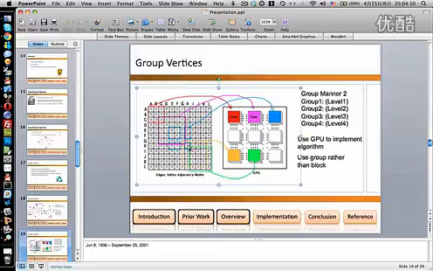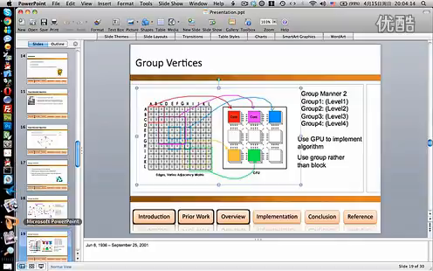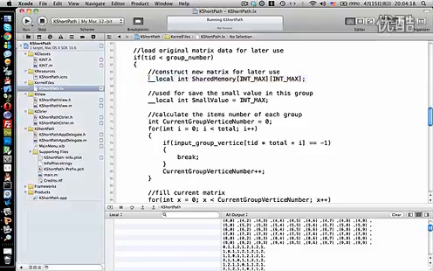Now I need to calculate the new matrix. So here we can see I define the matrix, and this one is the small values of the new matrix. But now I cannot use this one because there are some conflicts between each group. So now I try my best to find out how to combine the groups.